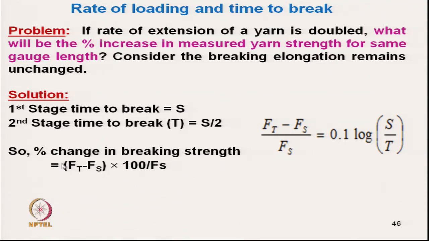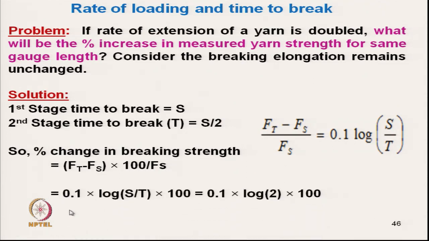The percentage increase in breaking strength means F T minus F S by F S multiplied by 100, that is what we want to measure. If we multiply the right hand side 0.1 log S by T, that will give us the percentage change in the yarn strength. So that is the way we have to do.